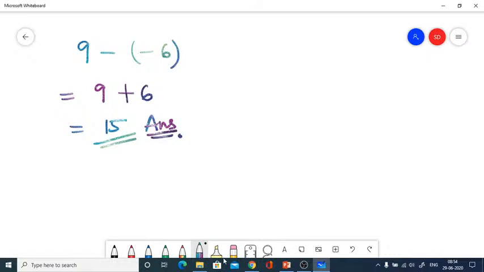Do it on paper. You will get the correct answer. This is exercise 3.4, 2 subpart 1. Anushka Goel, I hope your question is answered.